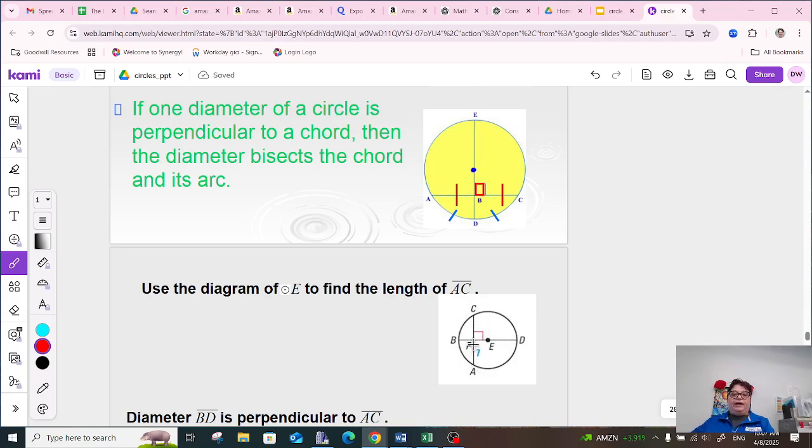So if AF is 7, what's FC? 7. And I want to know the length of AC. Well, if from here to here is AC and this piece is 7 and this piece is 7, what's 7 plus 7? 14. So AC is equal to 14.